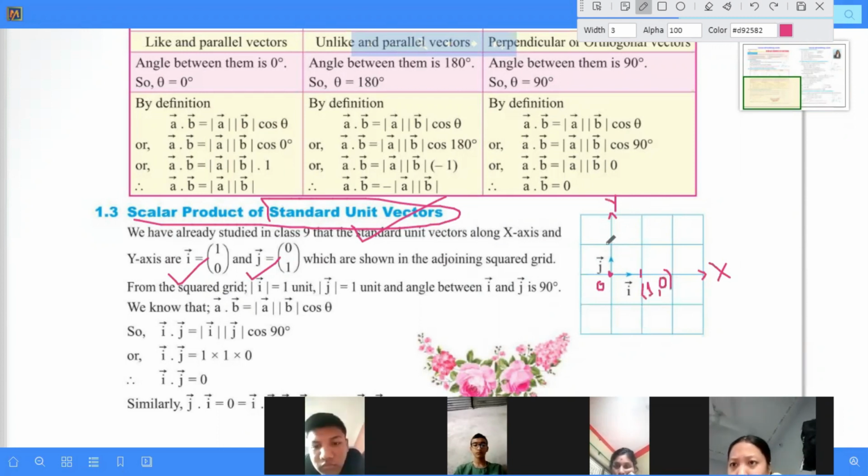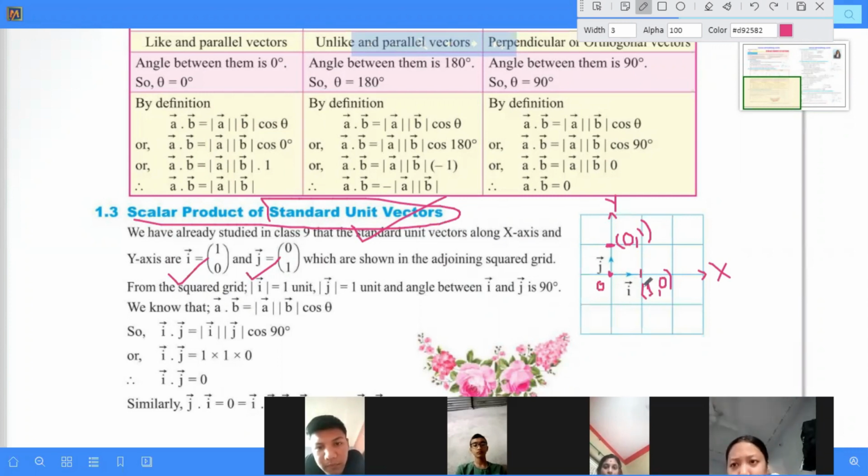And here in J side, this point, right? This is 0, 1. It means what? I vector points along the x-axis. I vector is along the x-axis. J vector is along the y-axis.